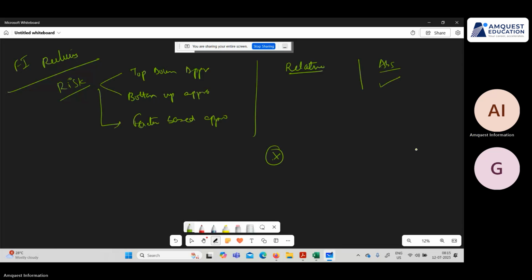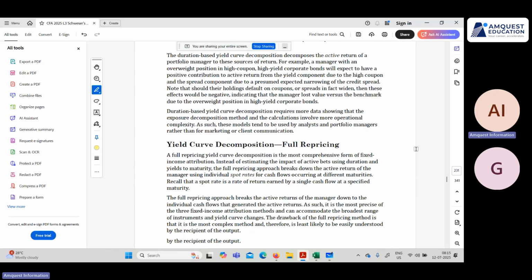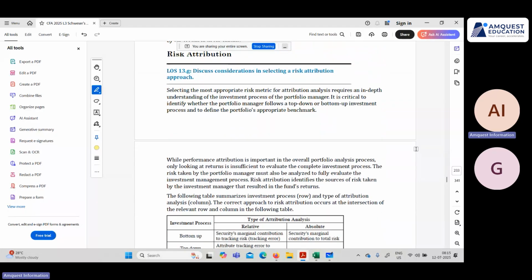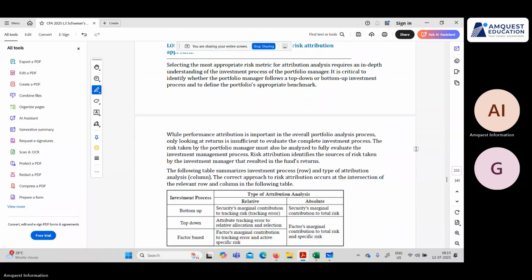Let's look at the table here rather than me writing it down. Let's talk about absolute first. You would see this very often: every time you talk about absolute, they talk about total risk, versus every time you talk about relative, it's tracking risk. Why is that so?